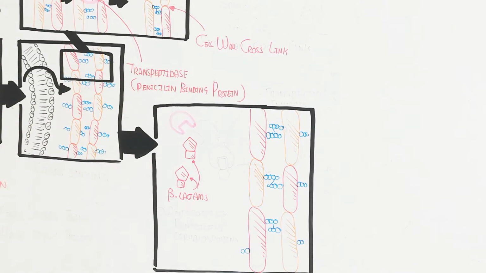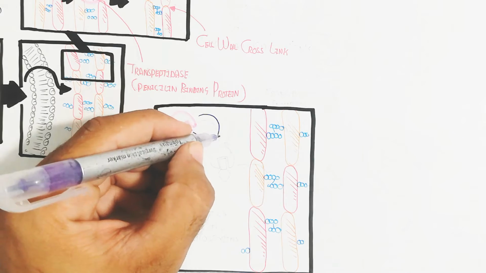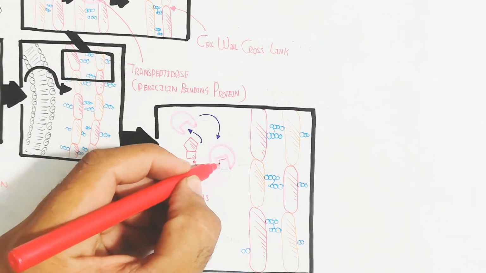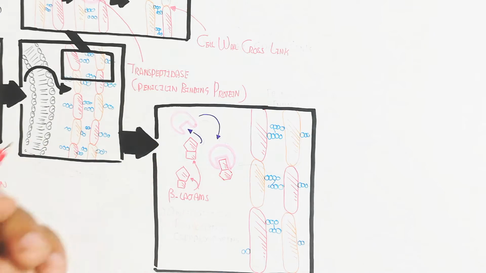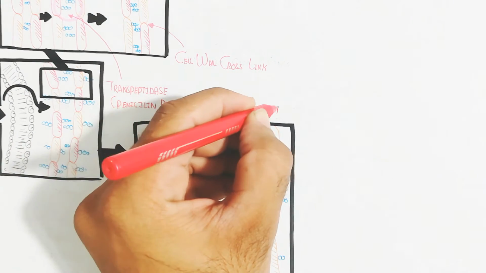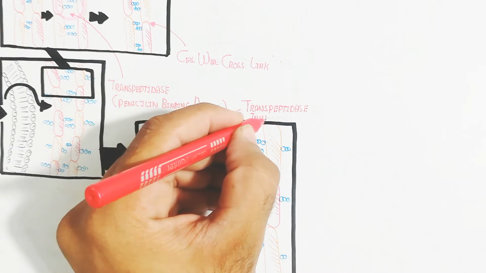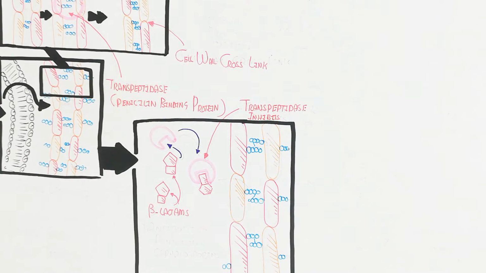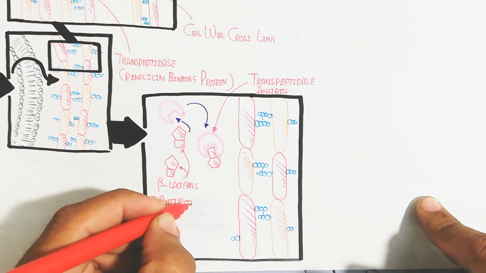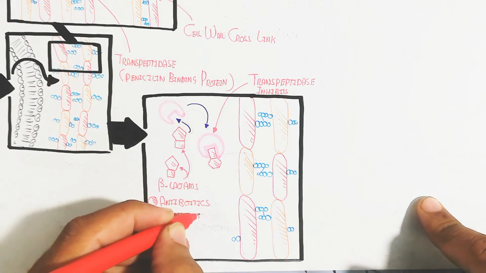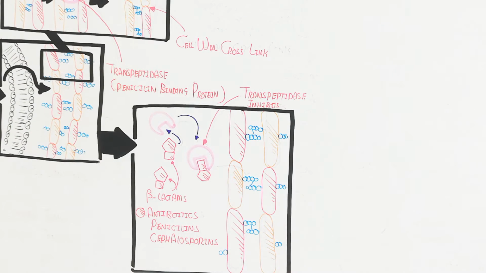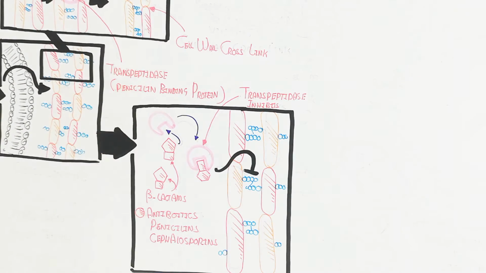They bind with the enzyme transpeptidase and inhibit its activity, so peptidoglycan is not formed because the peptide bond does not form. When the peptide bond is not formed, the cell wall cross-linkage will not form, and instability will occur in the bacteria. These antibiotics, penicillin and cephalosporin, act as competitive inhibitors of the enzyme.